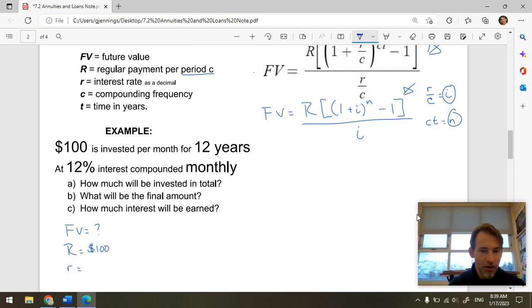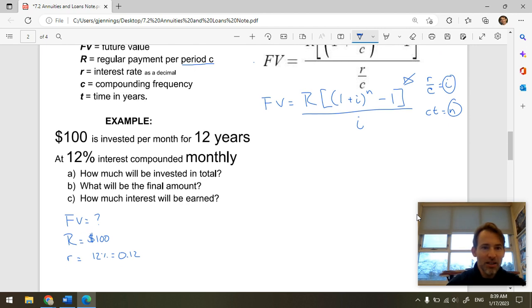Our little r is our interest rate, and I told you that's 12%, which is equal to 0.12. And C is the compounding frequency, it's monthly, so that's 12. And T, time in years, also 12. Okay, lots of 12s here. So let's go ahead and use our formula.